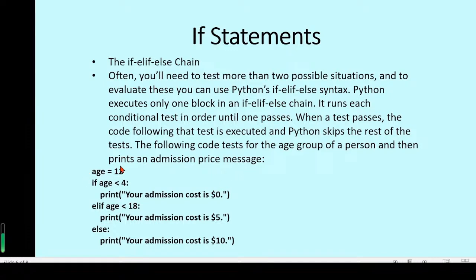So for example, age is 12. Then we run: if age is younger than 4, then print this message. But if this fails, then Python will test this conditional test: if it is younger than 18 but older than 4.